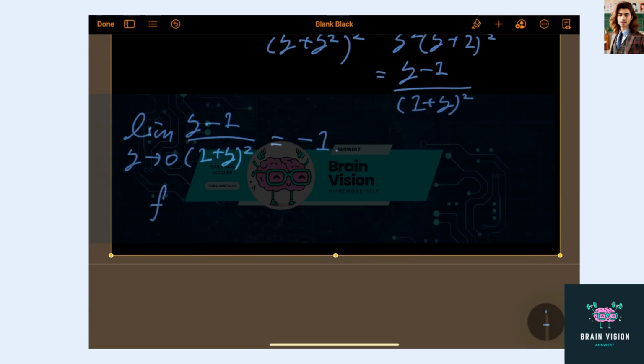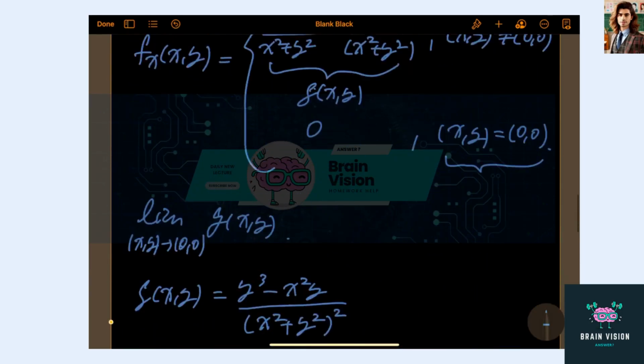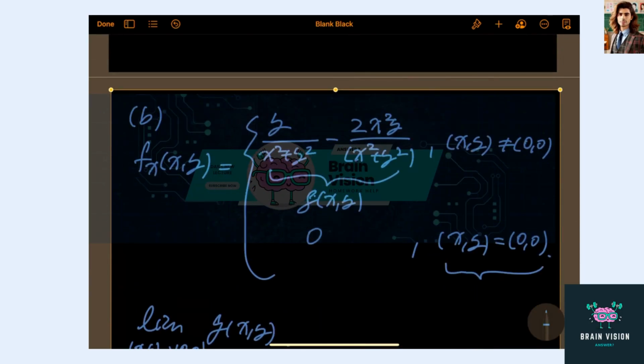The upper function is xy over x squared plus y squared, and we just need to switch y and x in g of xy, and then you get the upper function of f sub y of xy.